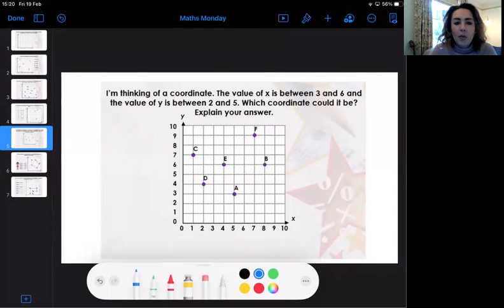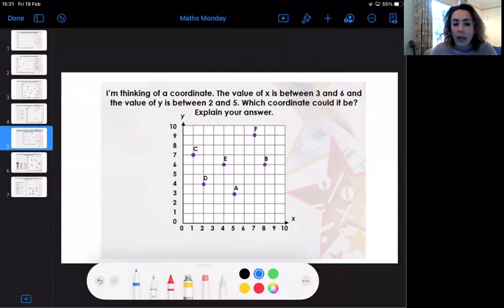I'm thinking of a coordinate. The value of x is between 3 and 6, and the value of y is between 2 and 5. Which coordinate could it be? And explain your answer. For this activity, you need to think about what number x could be. It's between 3 and 6, so I would write down your possibilities.